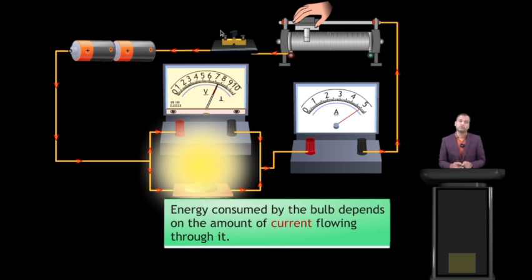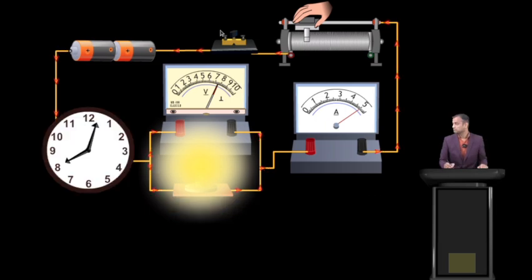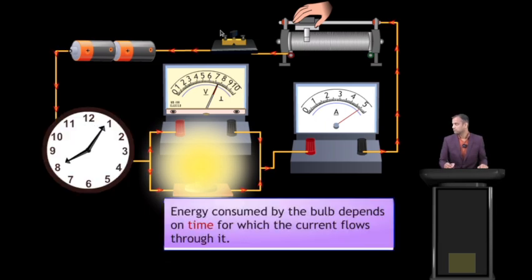So energy depends on voltage and also current. And energy consumed by the bulb depends on the time for which the current flows through it. So energy depends on three factors: first the potential difference, second the amount of current, and third the time. So how much time it will take.